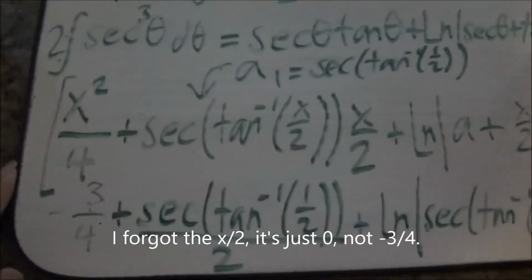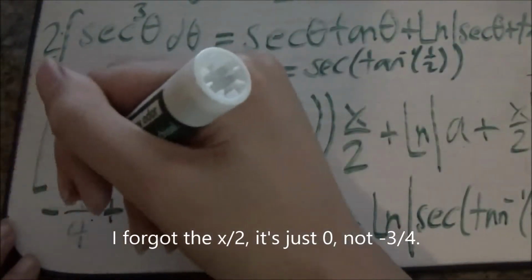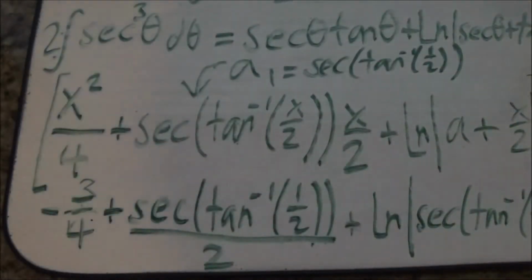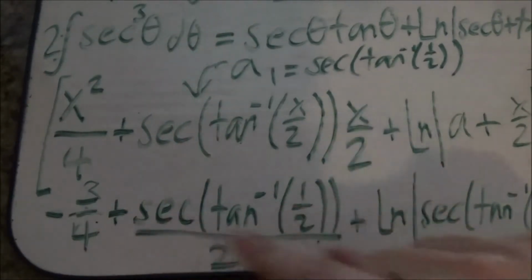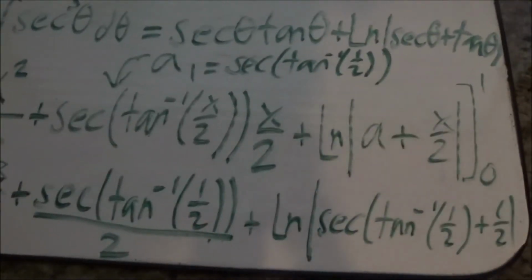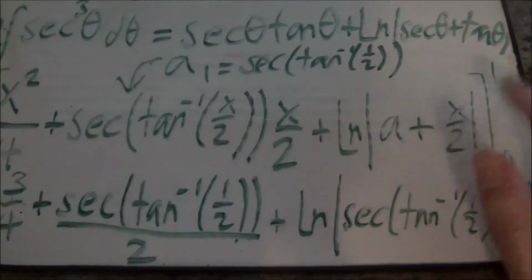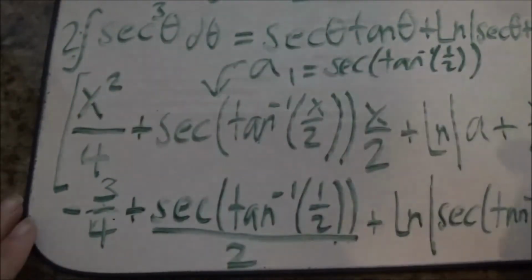As you can see, I changed it. Negative 3/4 minus 1, minus ln of 1. That is 0. So this should be our answer, because if I plug in 0 here, this is just ln of 1, which is 0. So they're both 0.